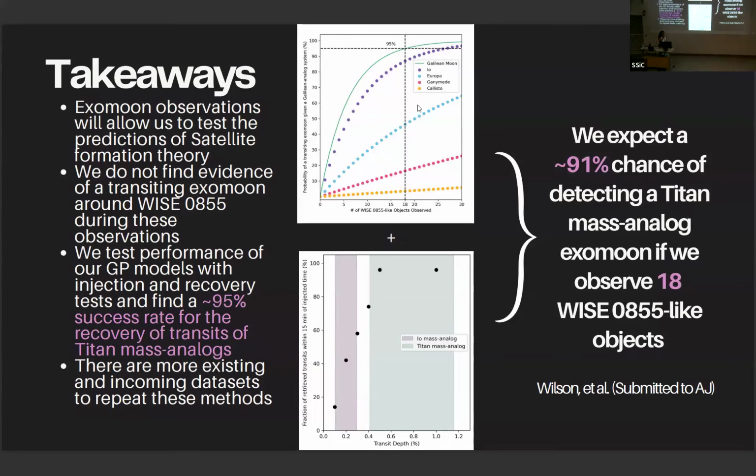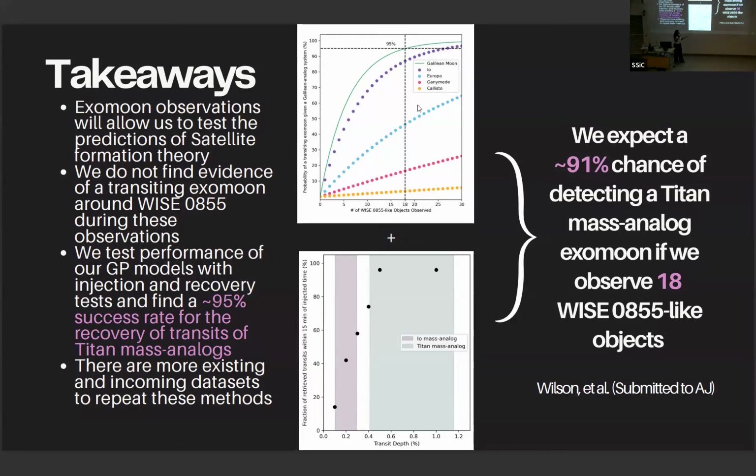So combining these two ideas, whether or not we'd be able to find an exomoon in the data and how well our models are doing, this is going to tell us that we'd have about a 91% chance of detecting a Titan mass analog exomoon after we observe 11 WISE-855-like objects.